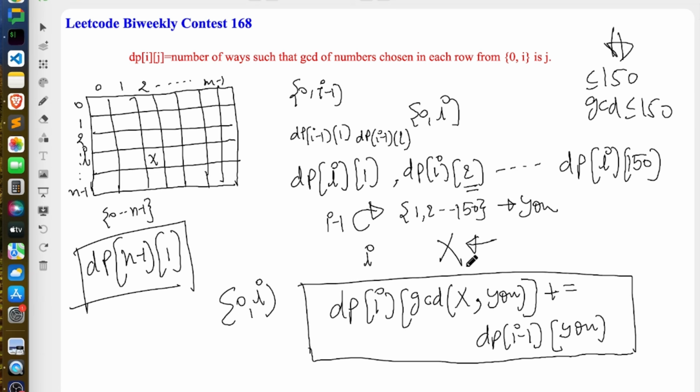And after that we can take the GCD with x. So yeah, this was the recurrence relation. I don't think it's unobvious. I mean it's pretty obvious if you have solved at least one DP problem in a matrix. So yeah, this was all about the explanation part.